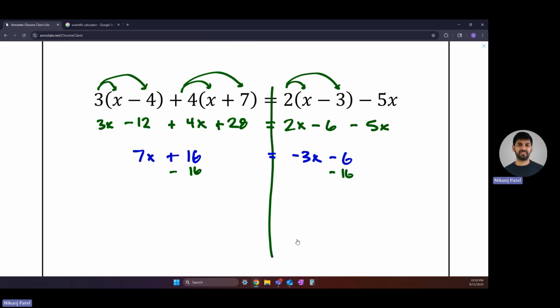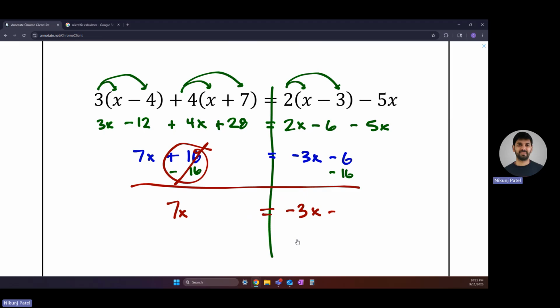We cancel this 16 here first, and then we make sure that we do negative 6 minus 16 there. 7x equals negative 3x minus 22. And add this 3x there. So again, we don't combine across lines unless we negate it over here, unless we invert that term on one side.